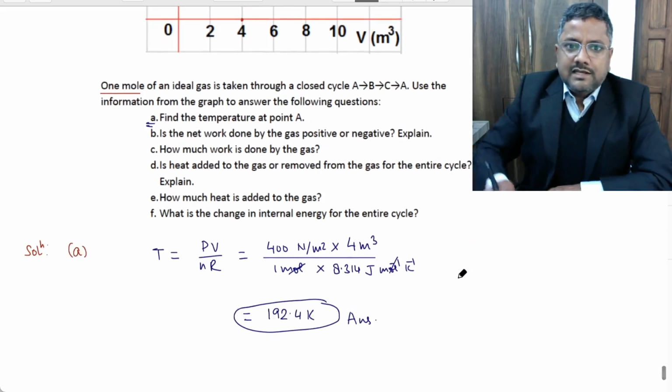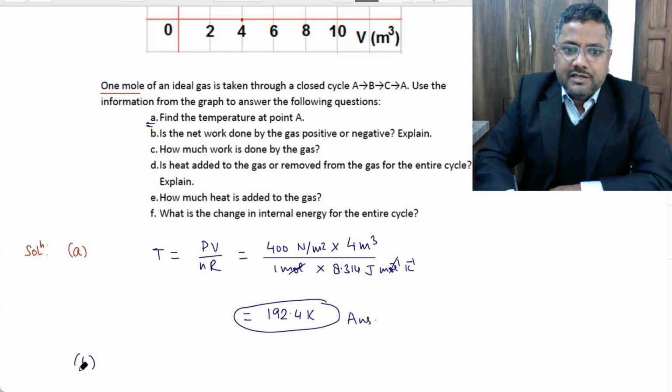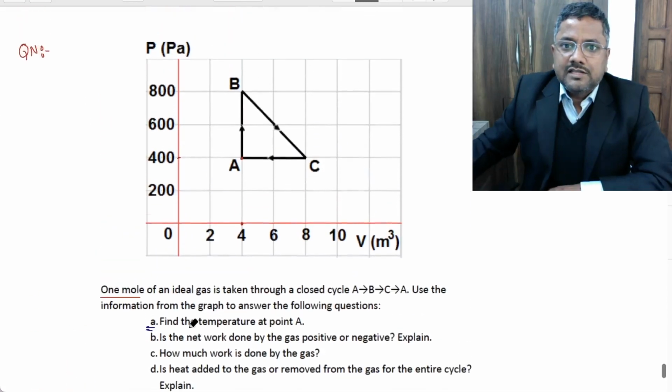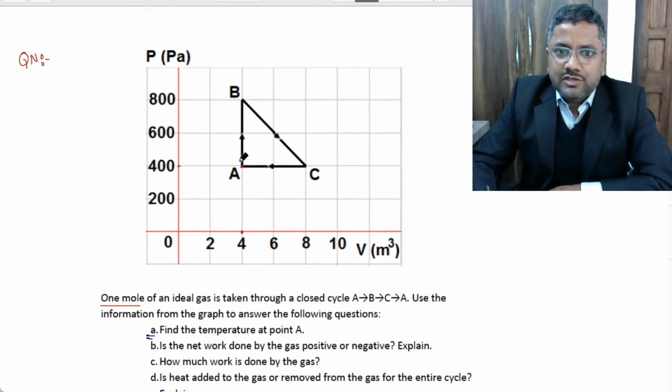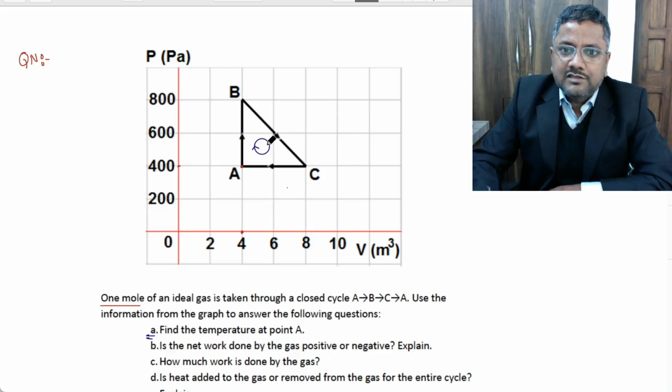So in a cyclic system, all we are knowing is that if there is a clockwise movement, so if you start from here, coming from here like this, so this is basically a clockwise movement.